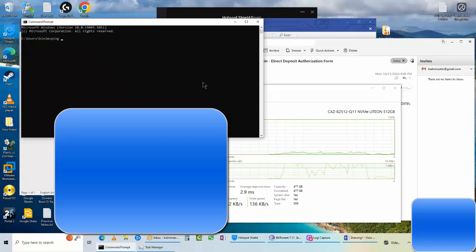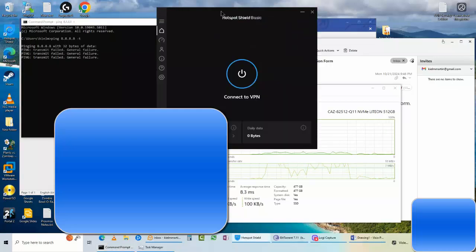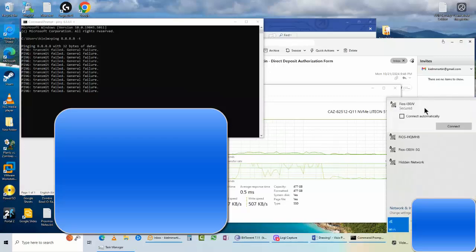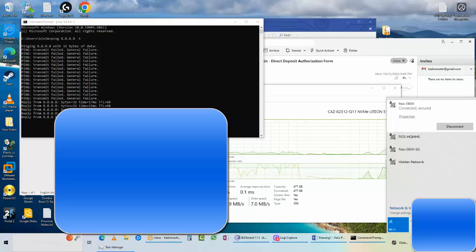So, ping. Okay, now let's go into here. Let's close this. Our connection is not up. All right, now we've got internet connectivity. So now I can go back over to here.